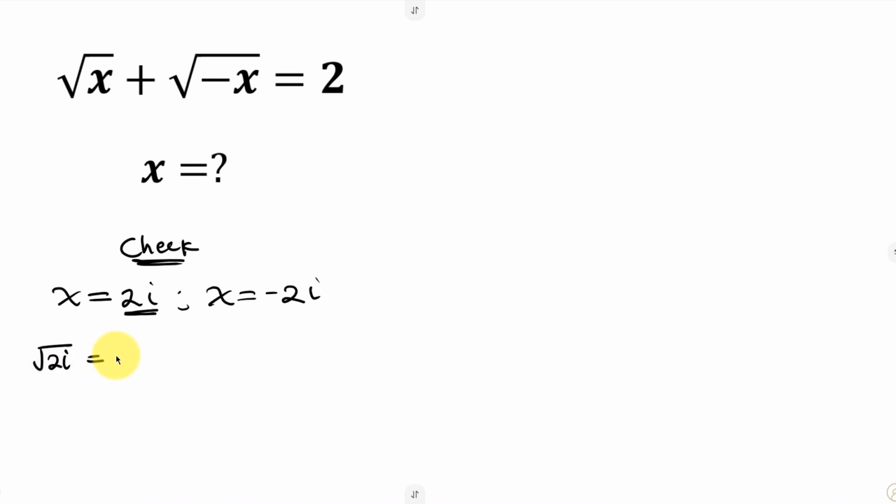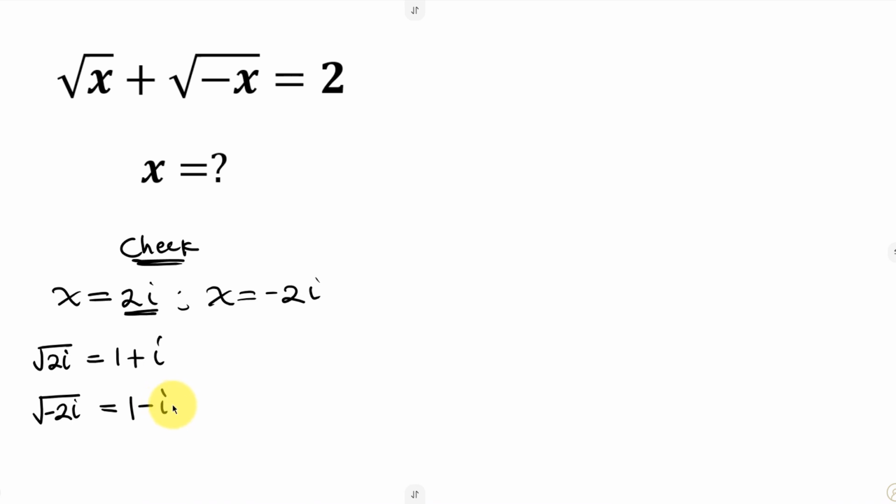So from complex numbers, this is 1 plus i. So from this other term, we have the square root of negative 2i. So from complex numbers, this is 1 minus i.